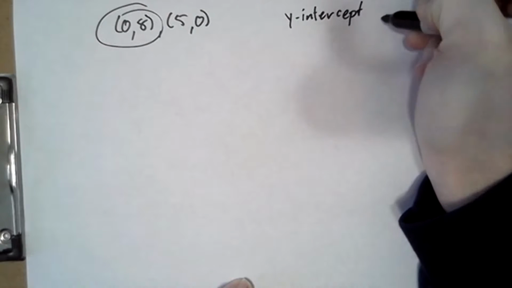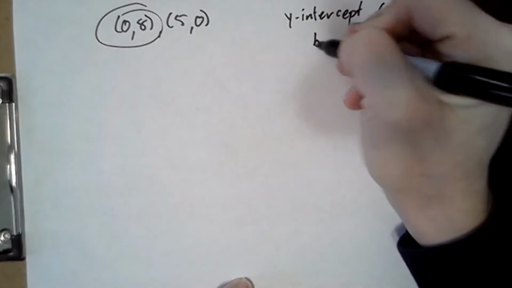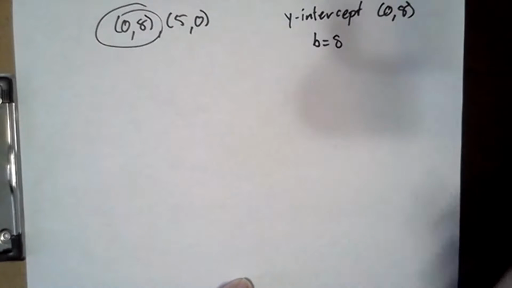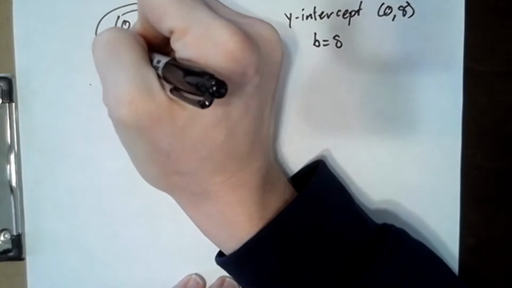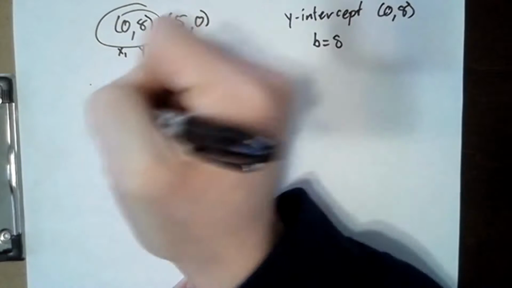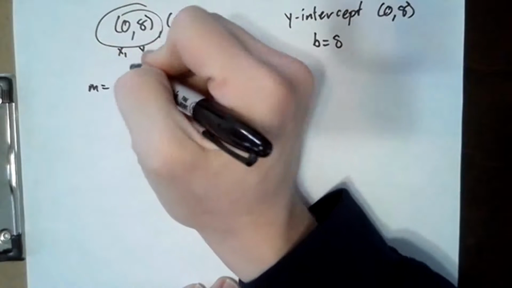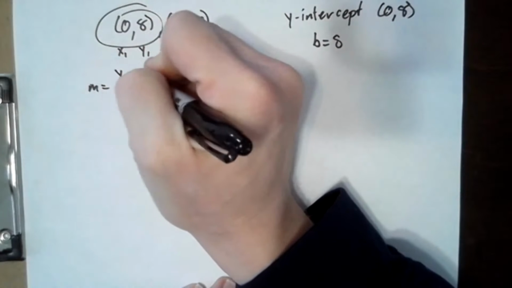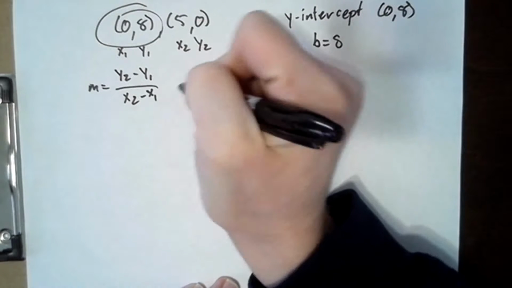So that means that in this equation, b equals 8. Then we need to find our slope. Well, let's call this x1, y1, and this x2, y2. And we know that our slope is y2 minus y1 over x2 minus x1.